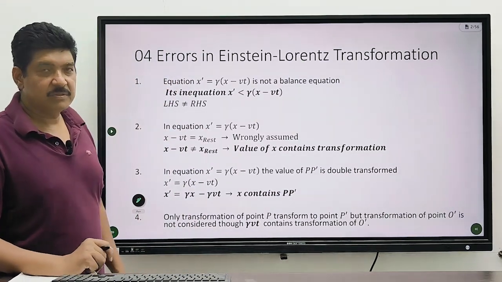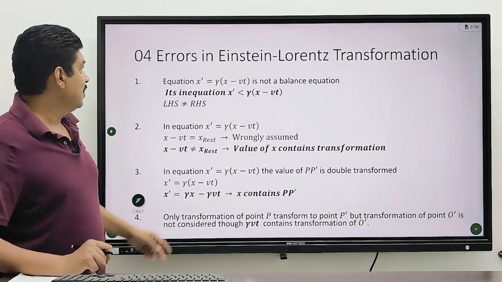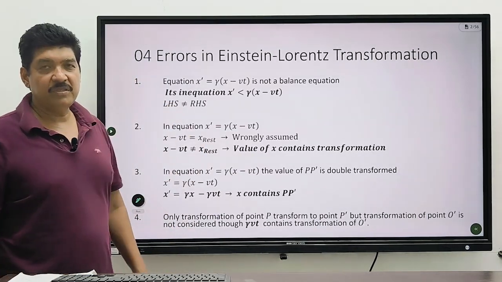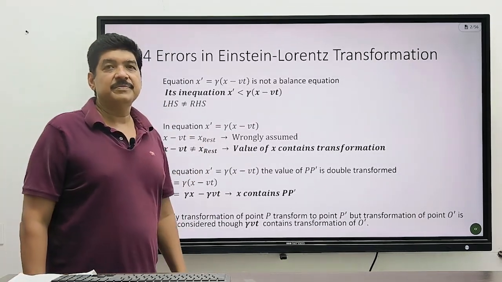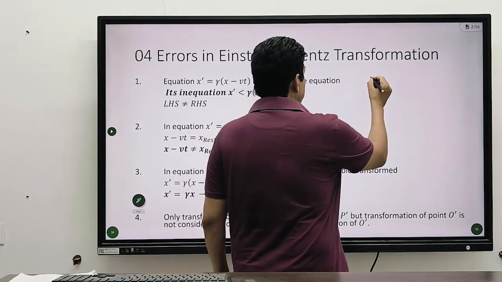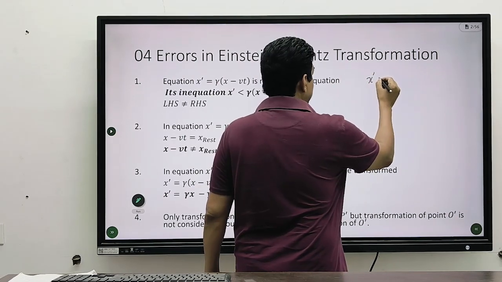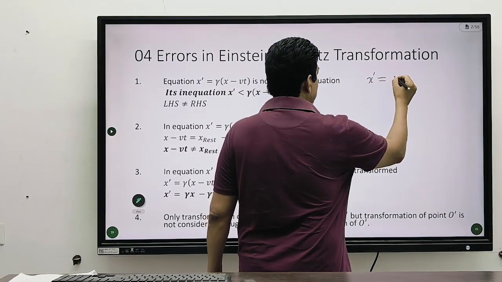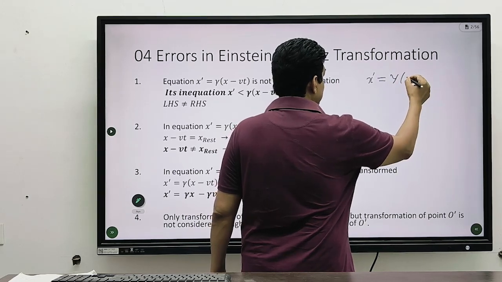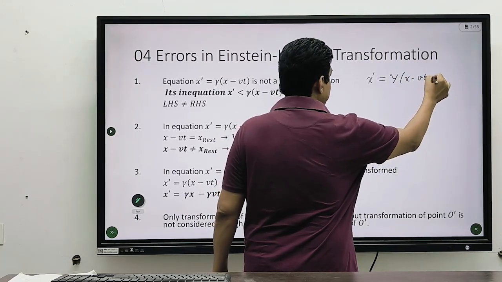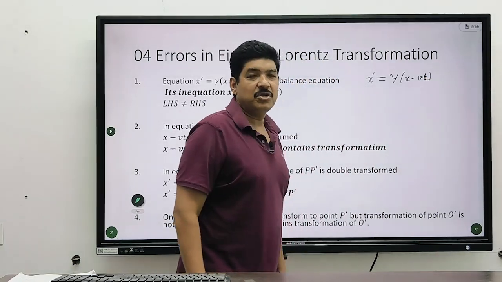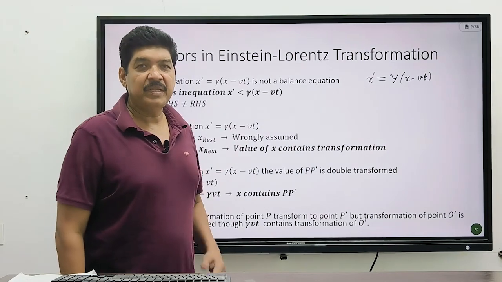There are 4 errors in Lorentz transformation. The first error is that the equation of Lorentz transformation is an inequality. So the equation x prime is equal to gamma (x minus vt) is not an equation, it is an inequality.